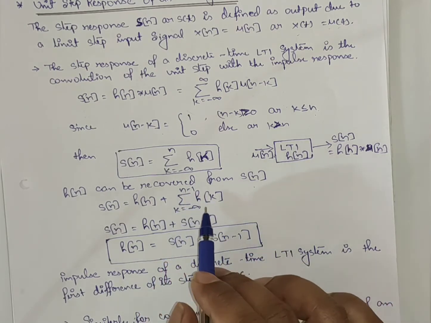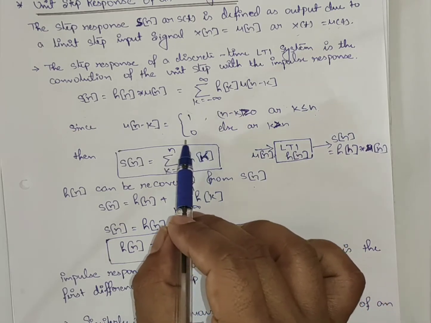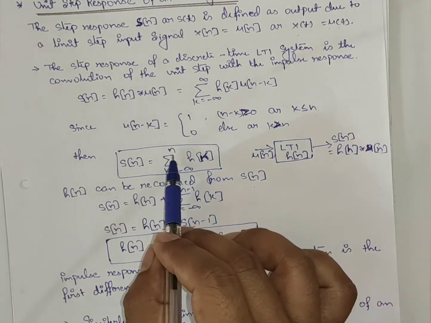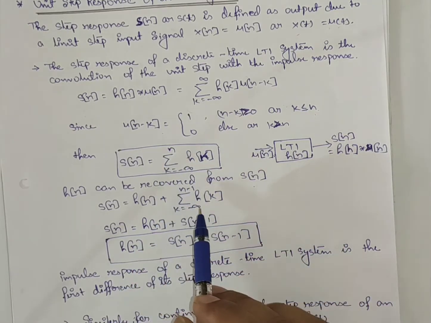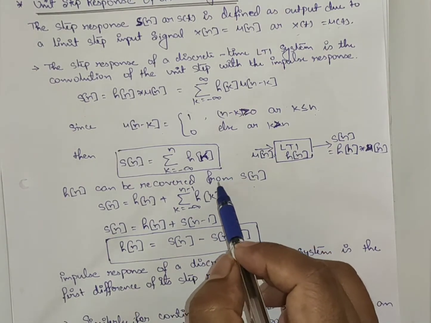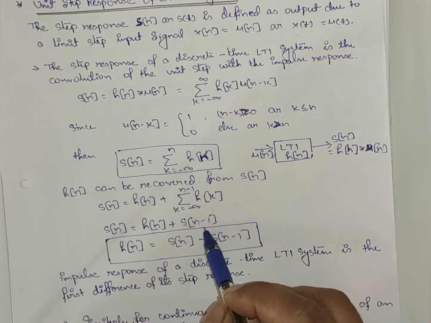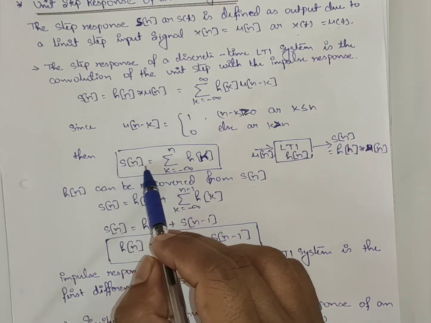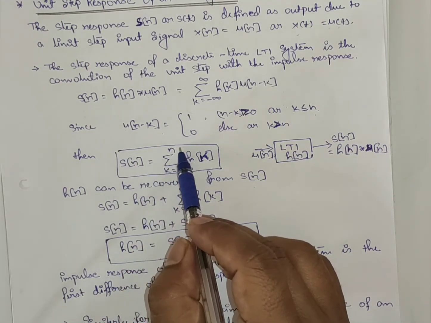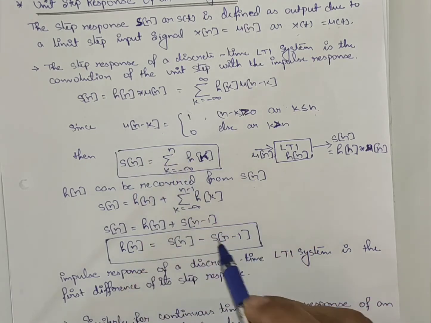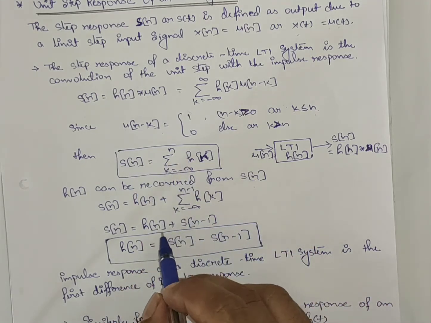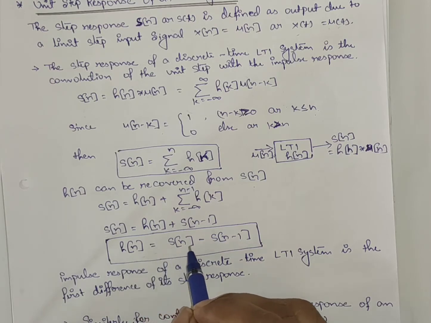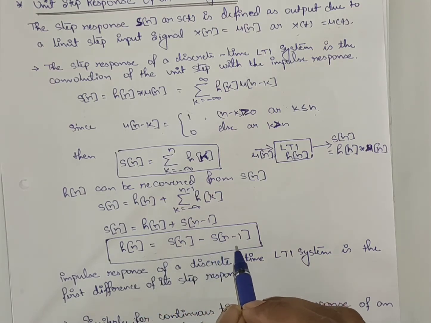When we change this limit, replacing n with n minus 1, this becomes s[n minus 1], because the variable of the step response is n. Therefore, the impulse response h[n] equals s[n] minus s[n minus 1].